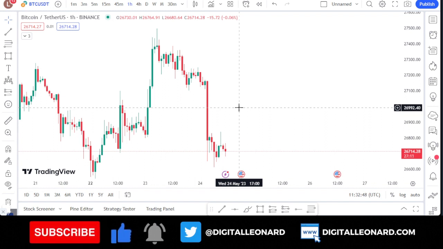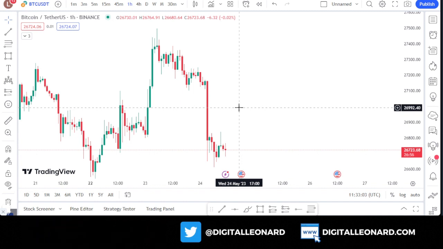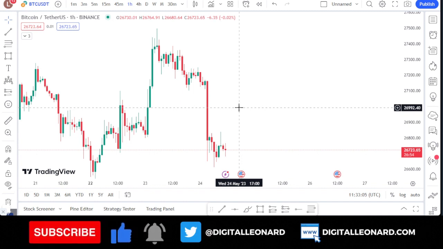If you are always using a 1 to 3 risk reward ratio in all of your trades, you only need to win 3 out of 10 trades to be in the game.